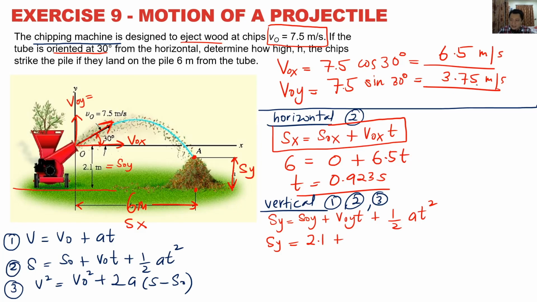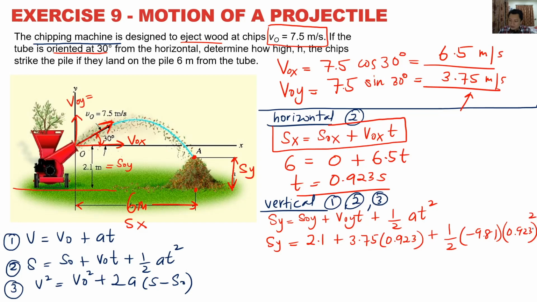V naught y, this is V naught y, 3.75. Time we already have, 0.923, plus half times negative 9.81. Why is this so easy?